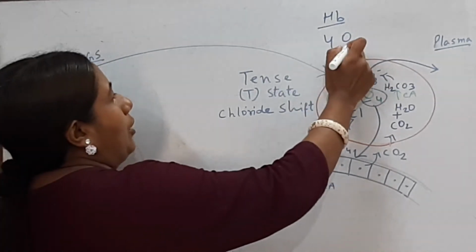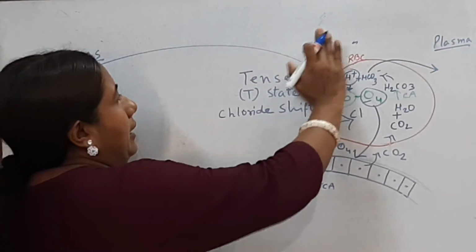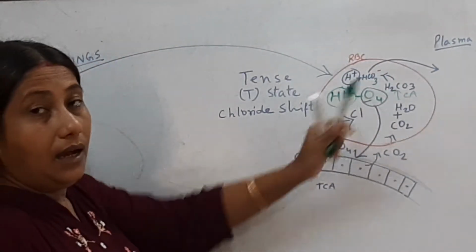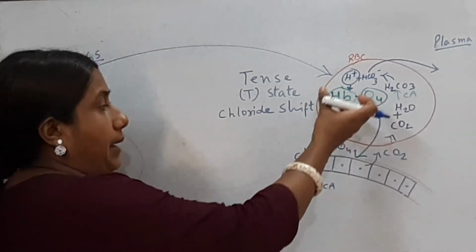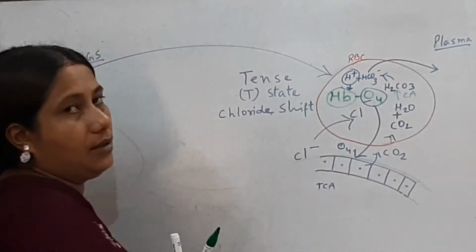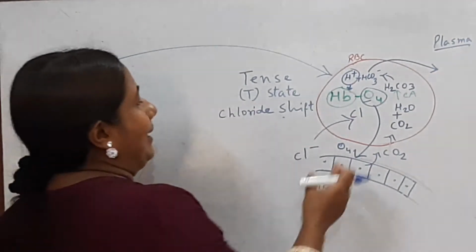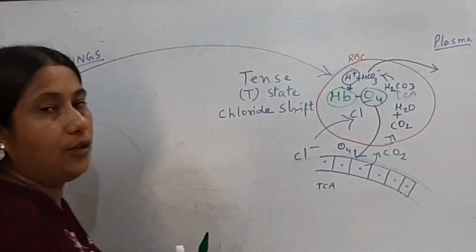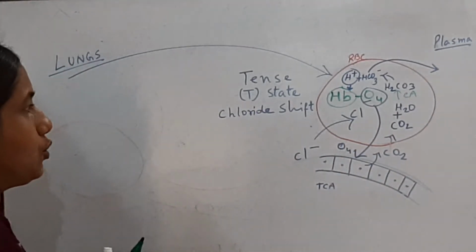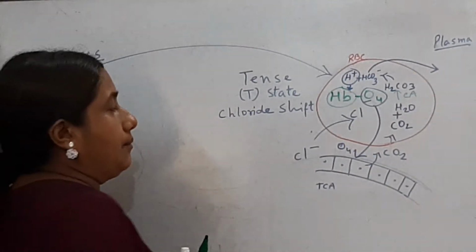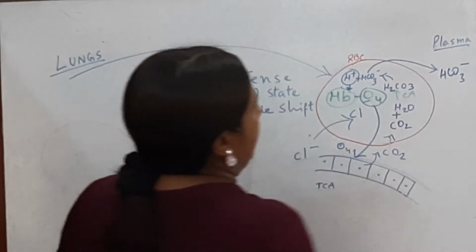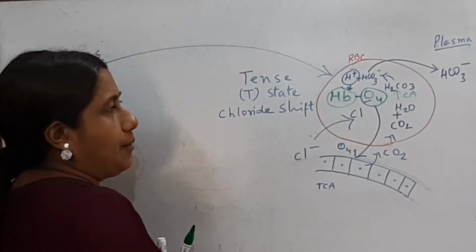But here only 2 may leave the RBC, but not all 4. But here, just to make you understand, the 4 molecules of oxygen are leaving the RBC and binding with the peripheral tissue by the diffusion process. Now this HCO3 minus, that is the bicarbonate ion, leaving the RBC, comes into the plasma.